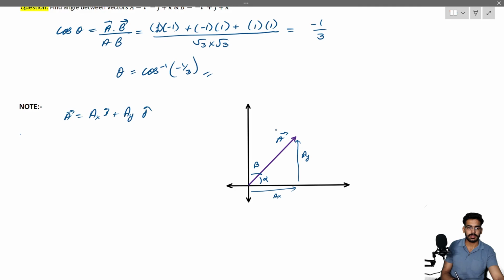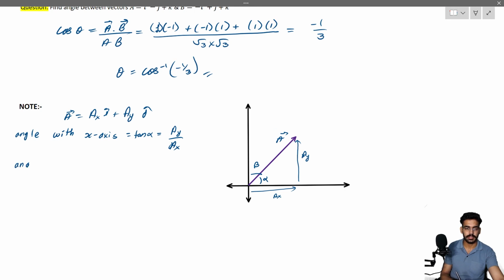So given the angle with x-axis, I can say tan alpha is ay by ax, right? We already defined these things, I don't have to tell again.